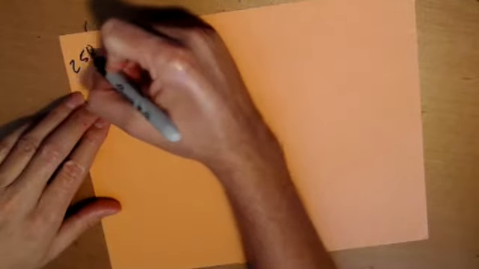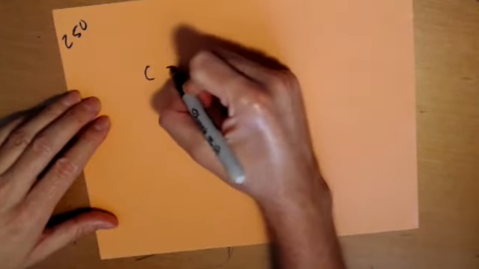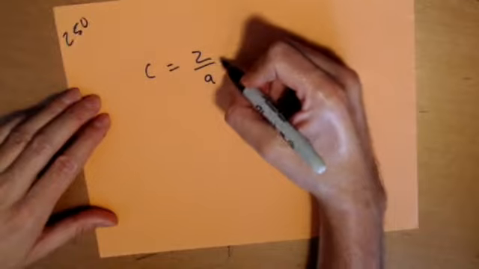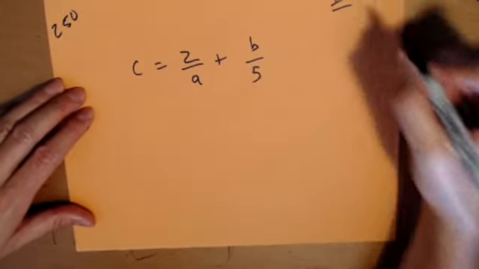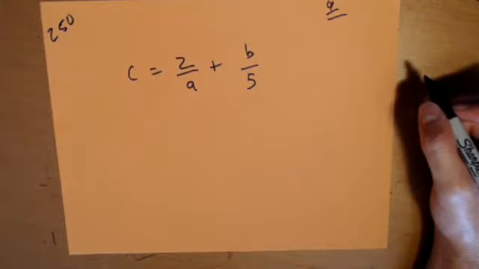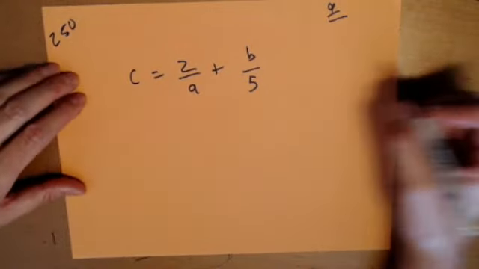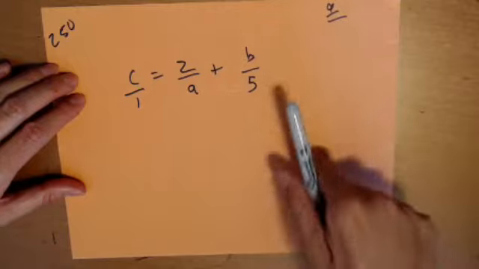One more, fine. You'll see the same trick over and over again. So 250, and then we'll pause the video. C is equal to 2 over A plus B over 5. We're solving for the letter A. Okay. Put a 1 underneath here. Common denominator would be 5A.